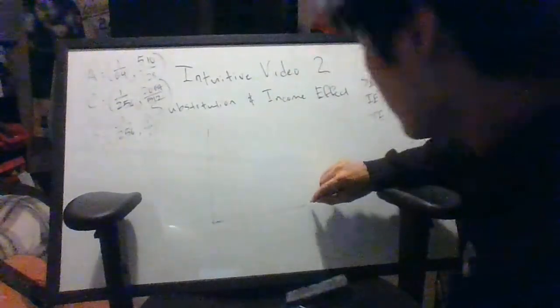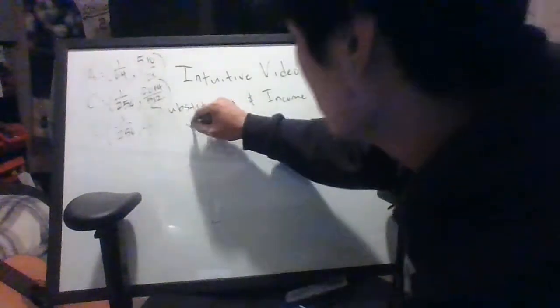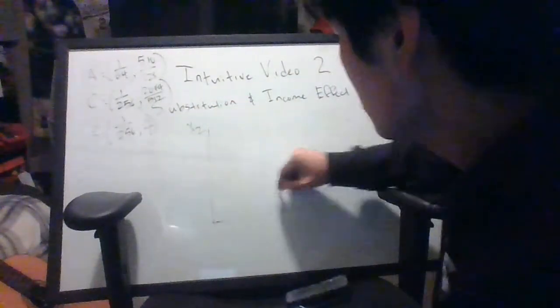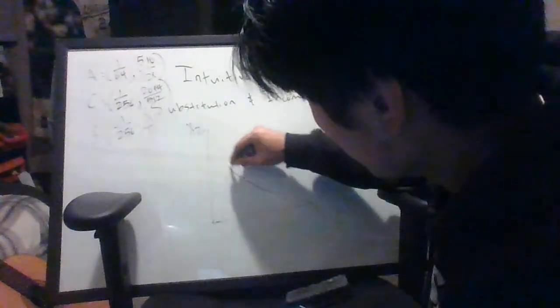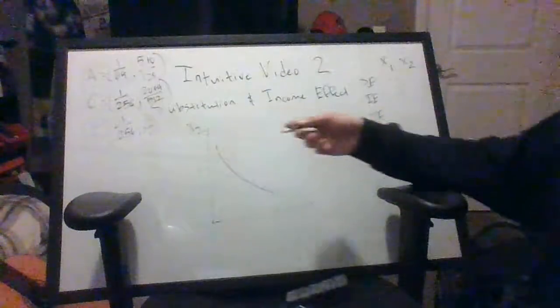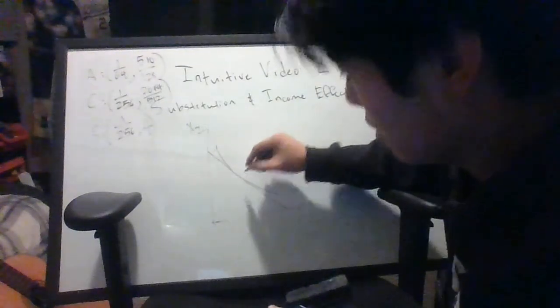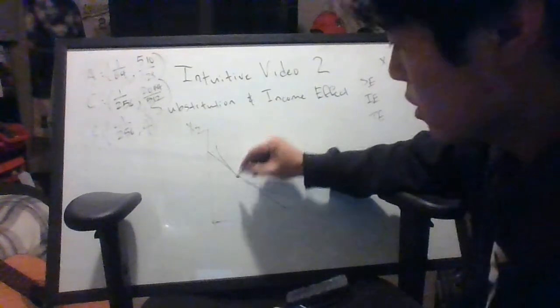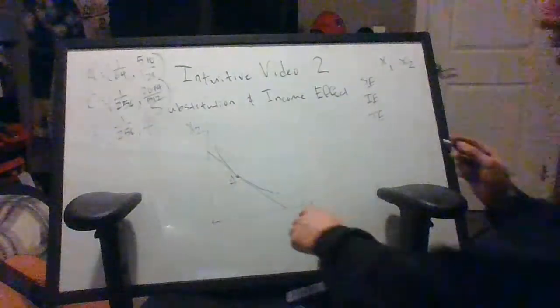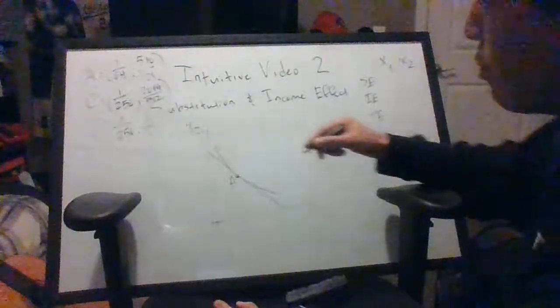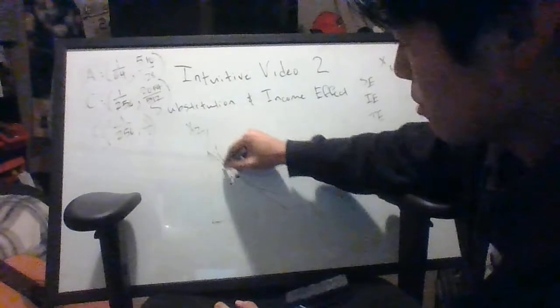So hopefully this is visible in the video. I have a feeling it won't be. Let's say that this is our original budget constraint, and this is point A. And let's say that P1 increases to the point where we now have something like this.